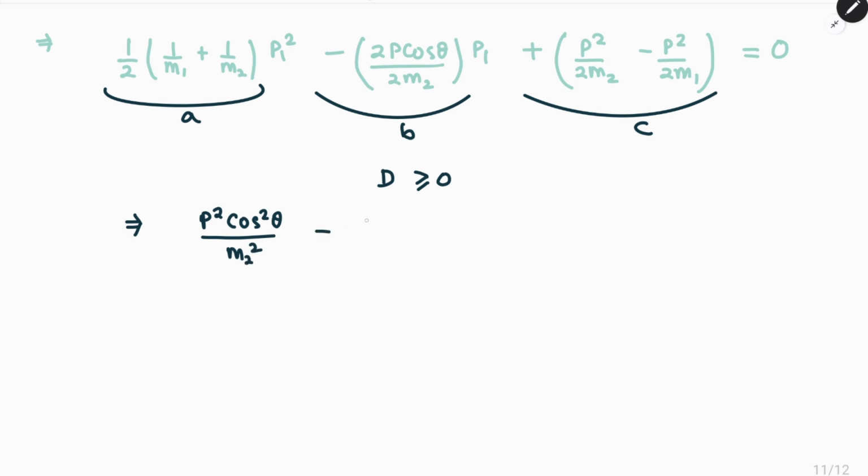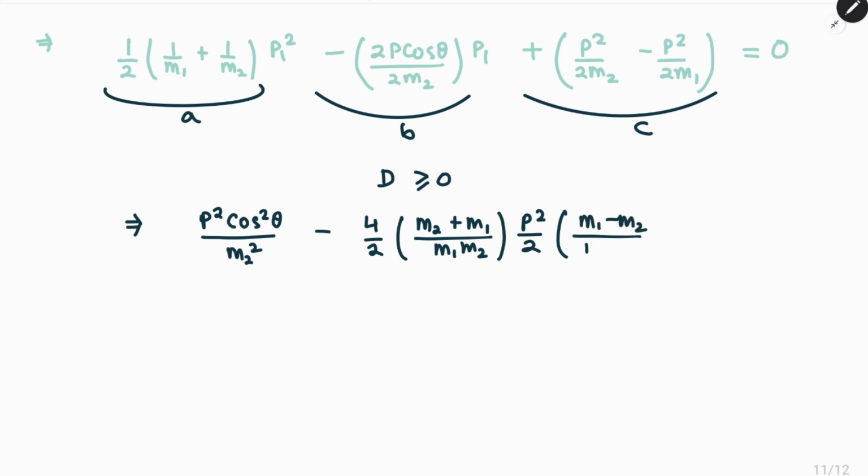So b square minus 4ac, so 4 times m2 plus m1 by m1 m2, p square by 2, times 1 by m2 minus 1 by m1, so we write it as m1 minus m2 upon m1 m2, and this is greater than or equal to 0.